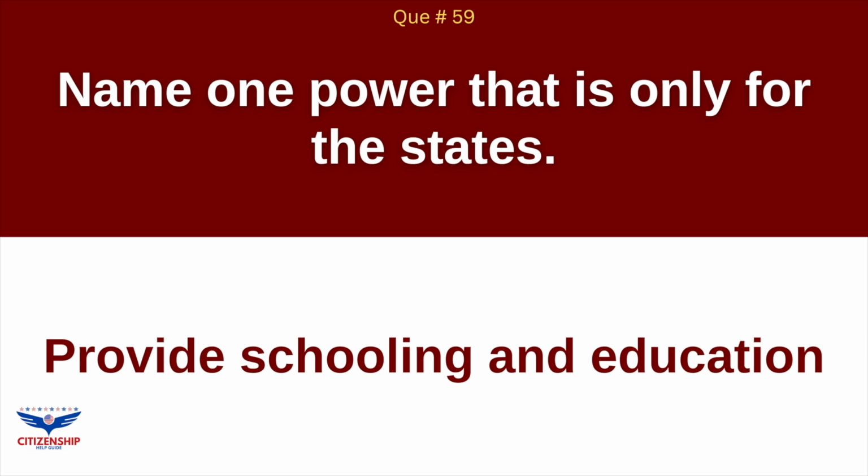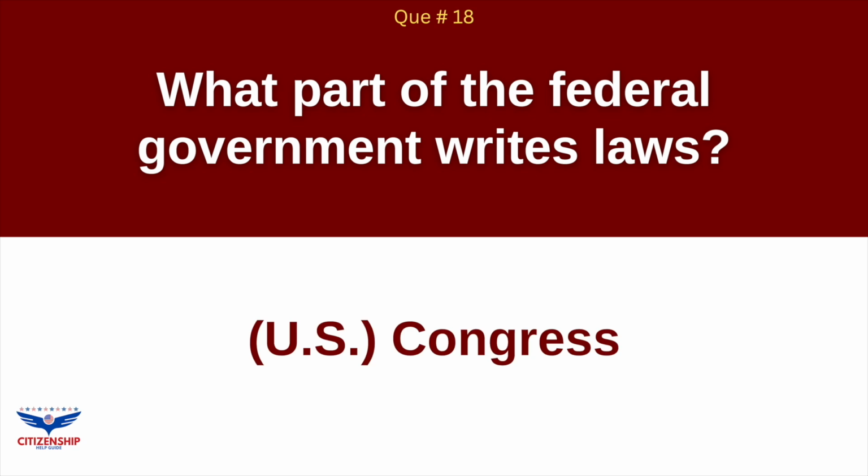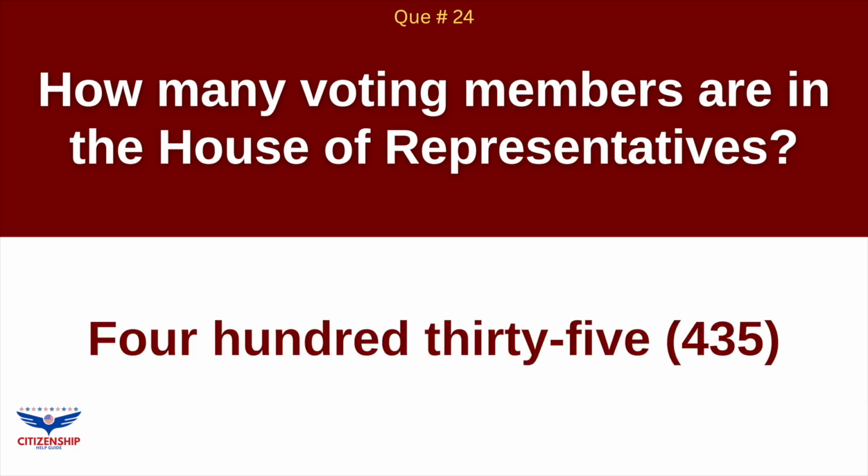Provide schooling and education. What part of the federal government writes laws? U.S. Congress. How many voting members are in the House of Representatives? 435.